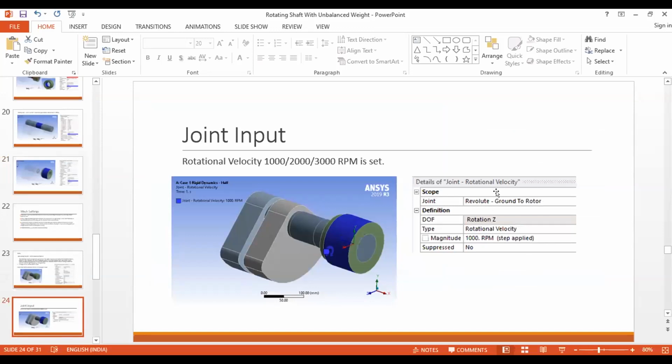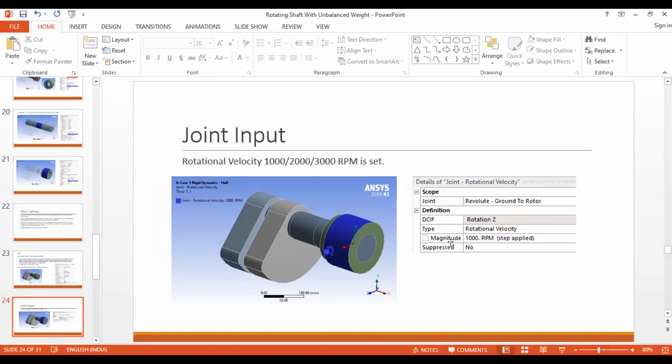If we don't do this, this option is not going to appear here. We are trying to rotate only the rotor, and as we have selected no separation as the contact type for all the components, this will carry out the operation like what happens in the real world.